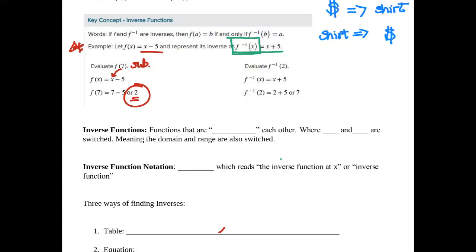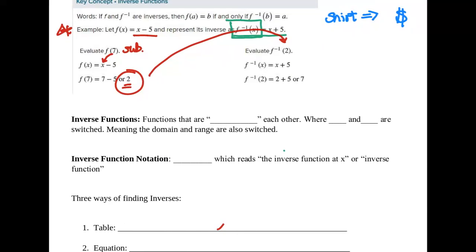Now, if I substitute that 2 into that function's inverse, and they already told us what the inverse was, then that means I substitute 2 in for x, and 2 plus 5 gives me 7.